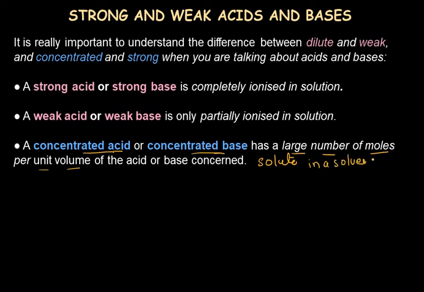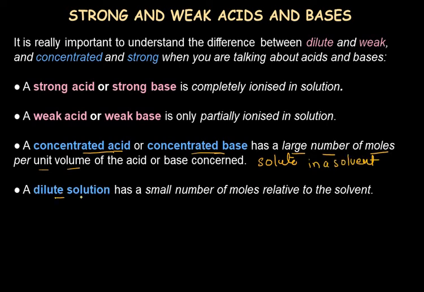But if we take a dilute solution of an acid or base, then only a small number of moles are present in a unit volume compared to the solvent. So only a few molecules of solute are present in the given solvent. That's the difference between a concentrated and a dilute solution.